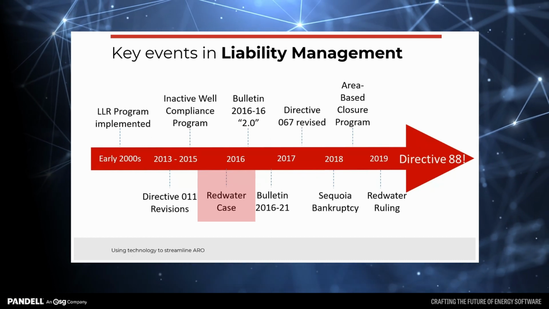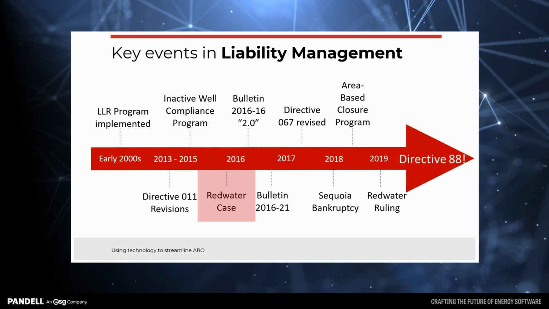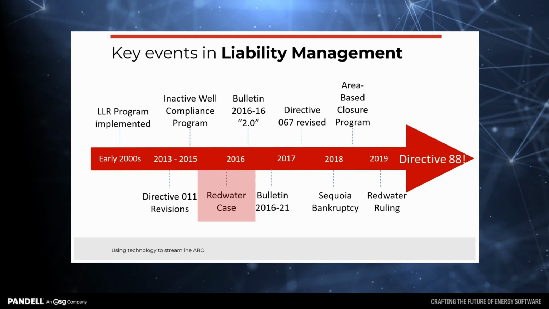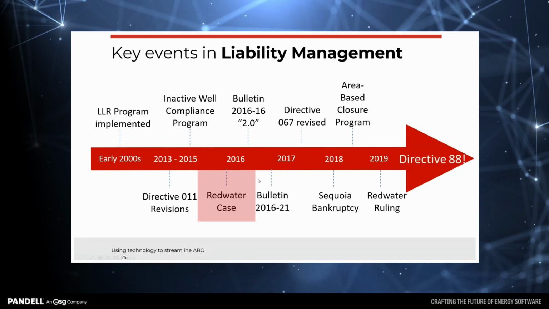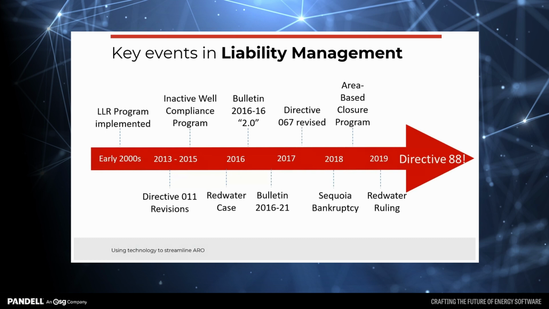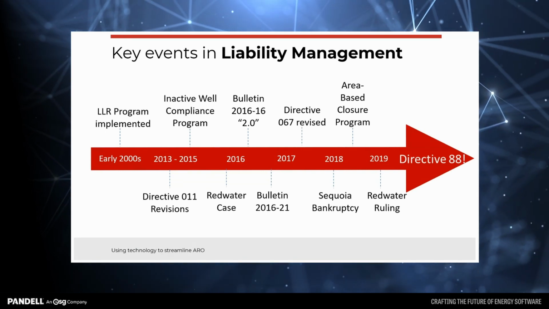We've always had to deal with ARO and liability management, but as previously mentioned, we did see an uptick in its importance, both with the regulators and the lenders, based on this Redwater case, as well as the aging infrastructure of our oil and gas environment that we have here now.